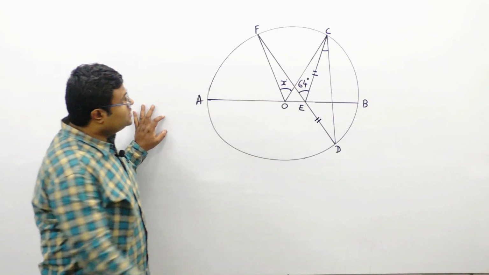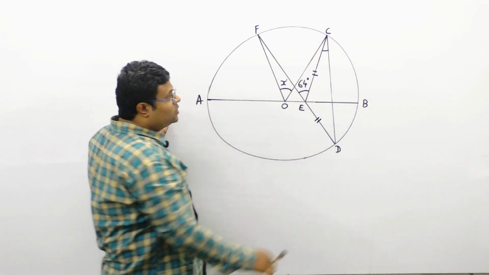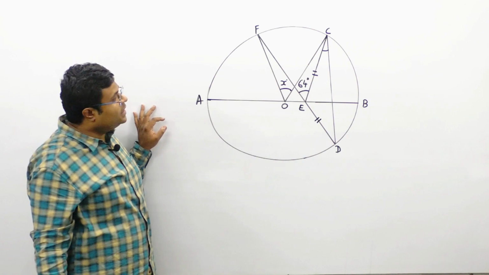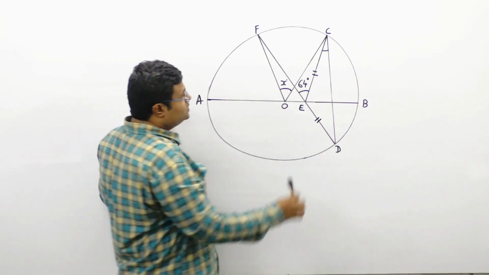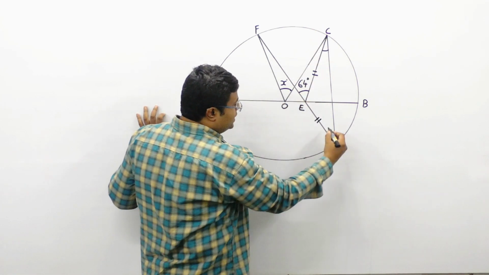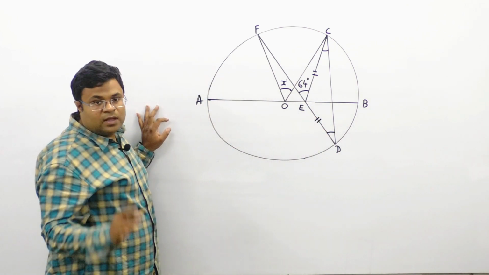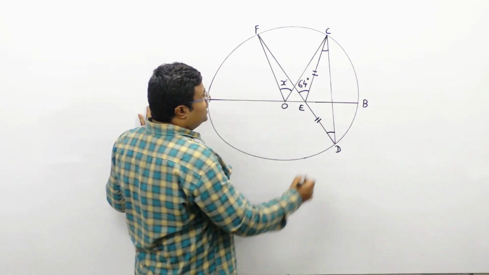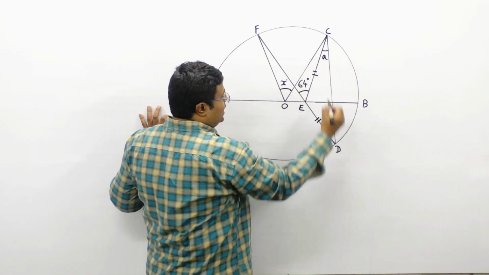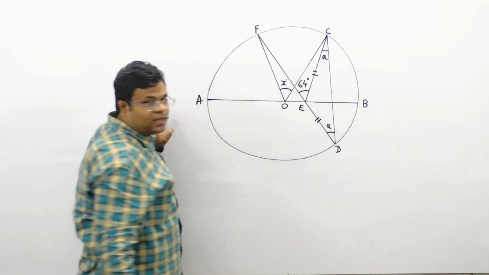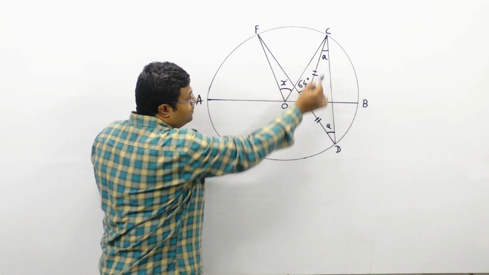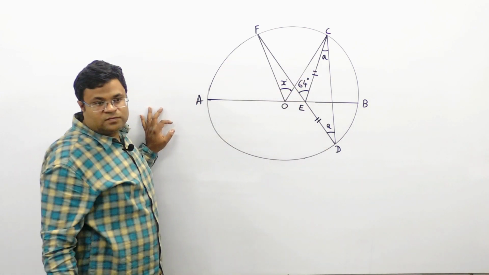Alright, in this question it is given that EC is equal to ED. Again, it is an easy question, because since EC is equal to ED, this becomes an isosceles triangle. Let this angle be A, then this angle would also be A. So A plus A is 64.